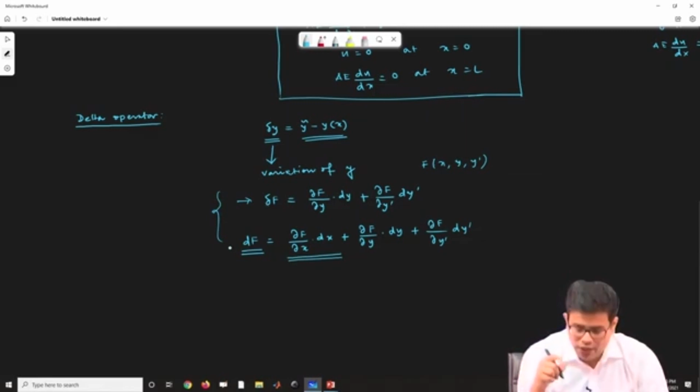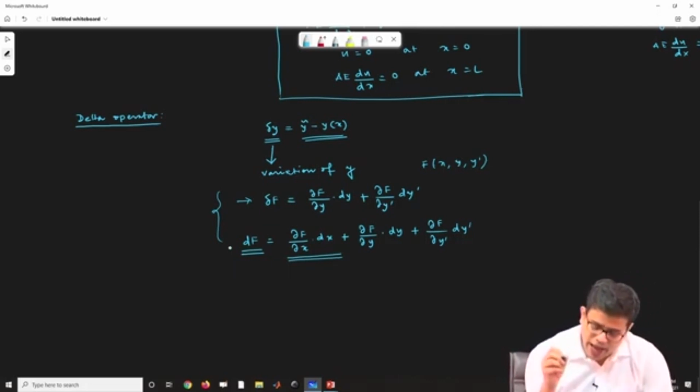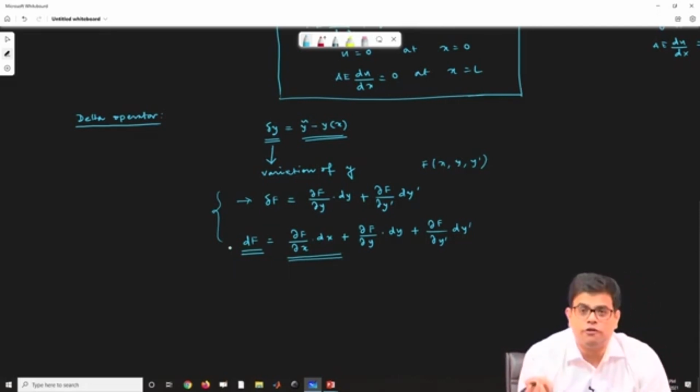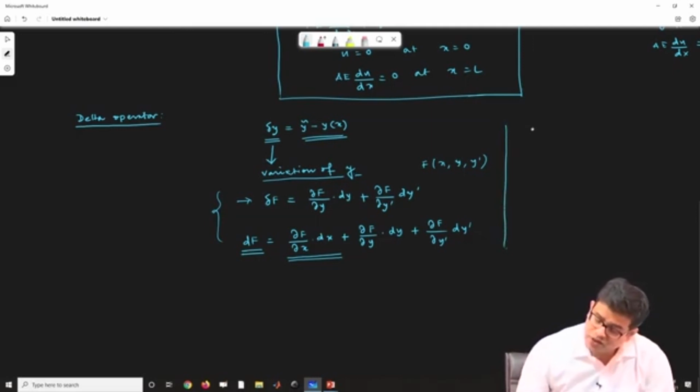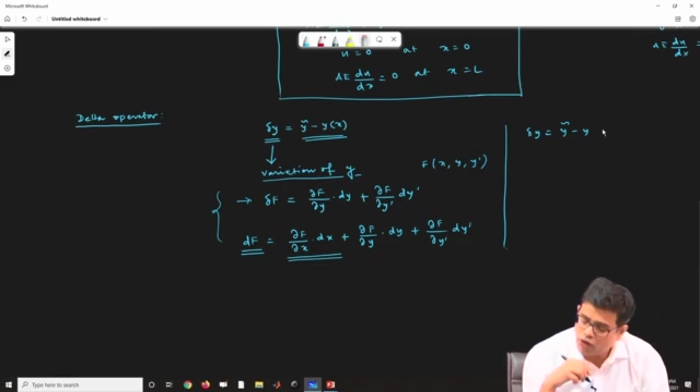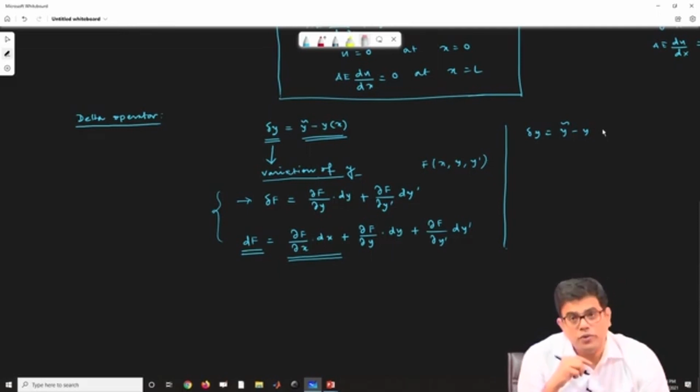So what we have learned till now is that we have a variation of a function, which can be written as delta of y, which is y prime minus y. This delta operator is commutative. We all know what commutative means.